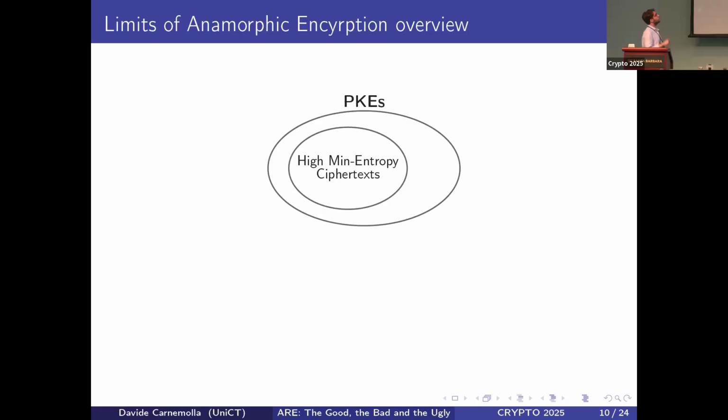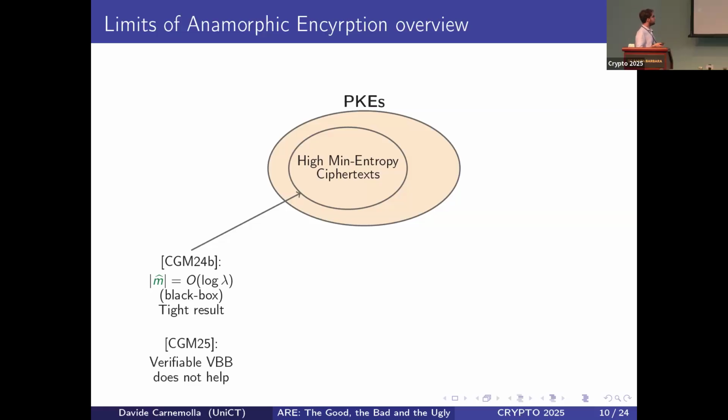This is the set of all public key encryption schemes, and then we have a subset of public key encryption schemes that has high-min-entropy ciphertext. We already know that black box constructions of anamorphic encryption allow us to transmit at most log lambda bits. This is a tight result, and it is captured by the rejection sampling construction.